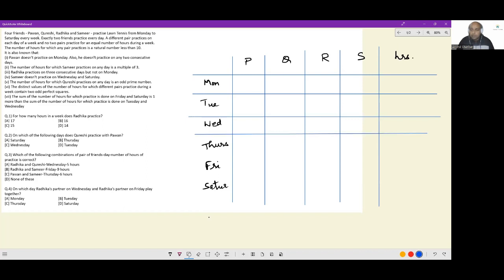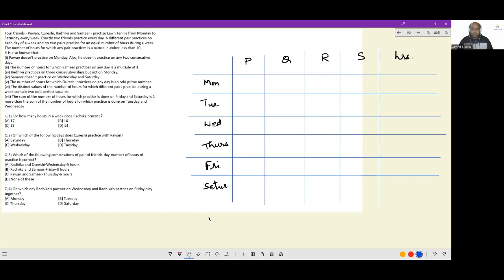I can record which pairs practice on which day and for how many hours based on the information presented.